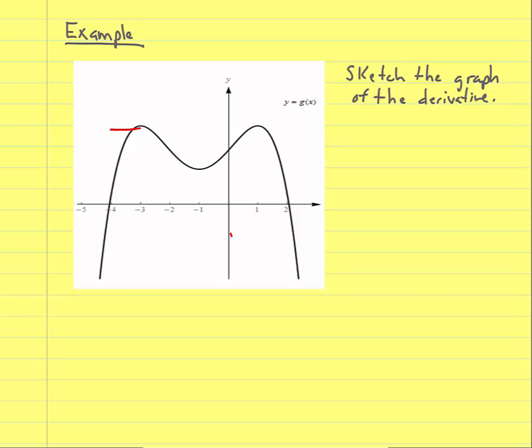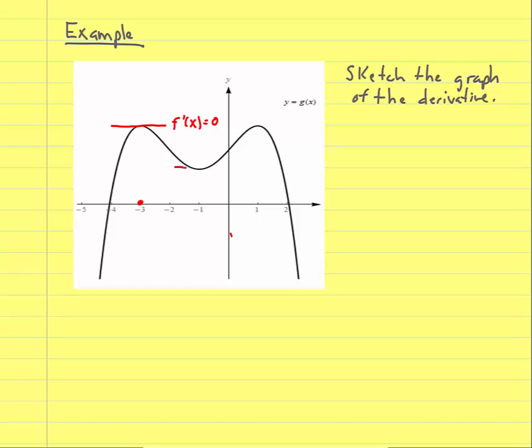So here, whoops, I better make that a little bit higher. The slope of the tangent line, f prime of x, equals 0. And that's occurring right here at -3, so that tells us that f prime of -3 equals 0 because the derivative is equal to 0 at -3. Now this is the graph of my derivative that I am sketching over here.